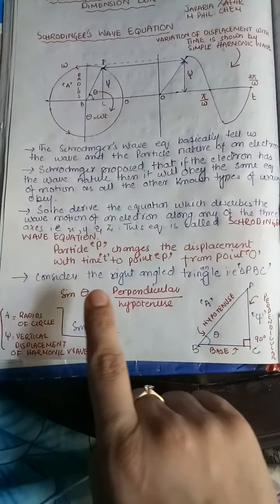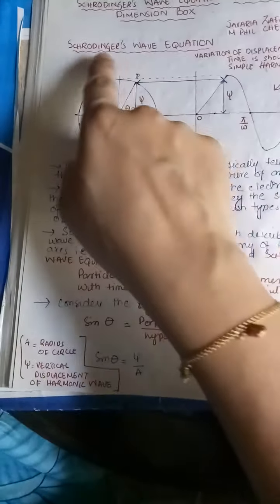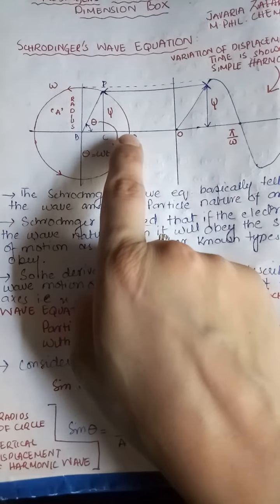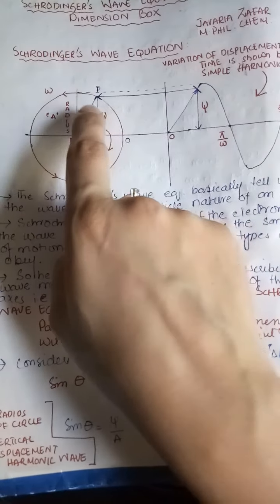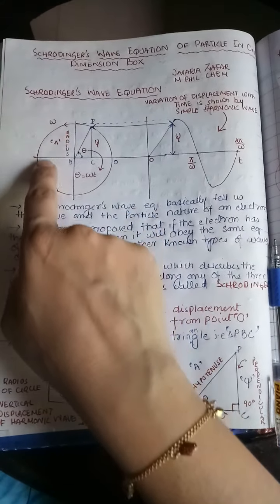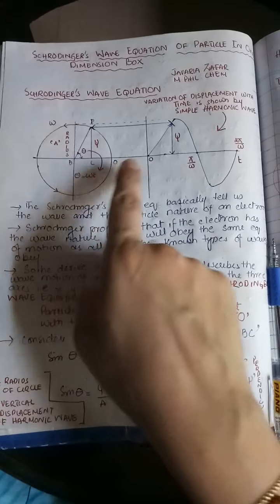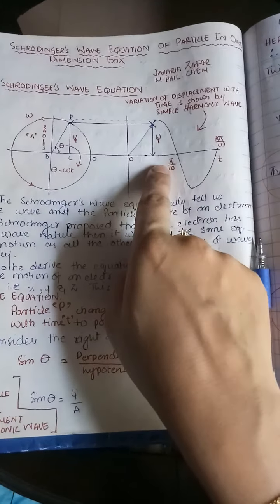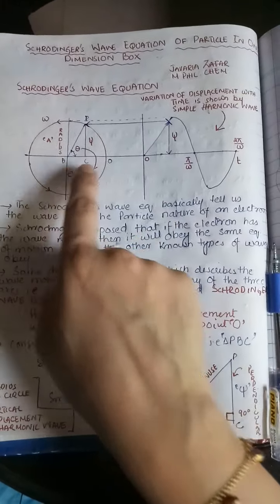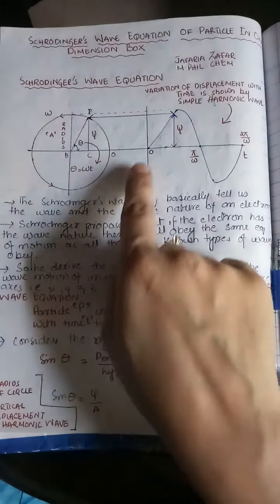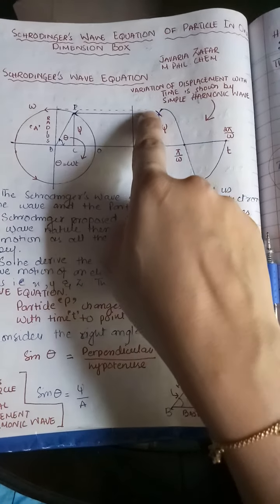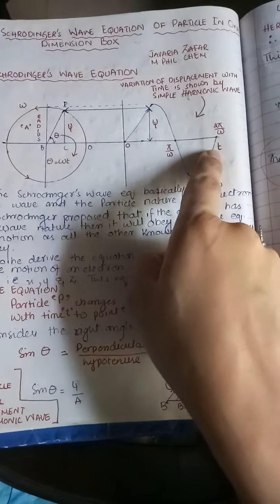Consider this whole picture. The particle moves from point O to point P. This movement of the particle is typically like a simple harmonic wave, and the movement is shown here in the form of a wave. You can see the crest and the trough of the wave.